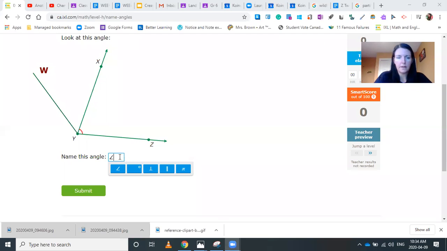It comes from X, the point is Y, and it's going to Z. Now this is the safer option, I would say.